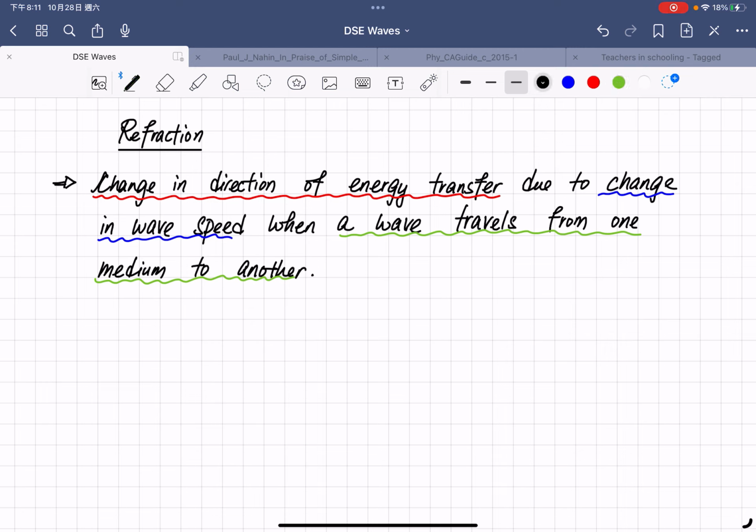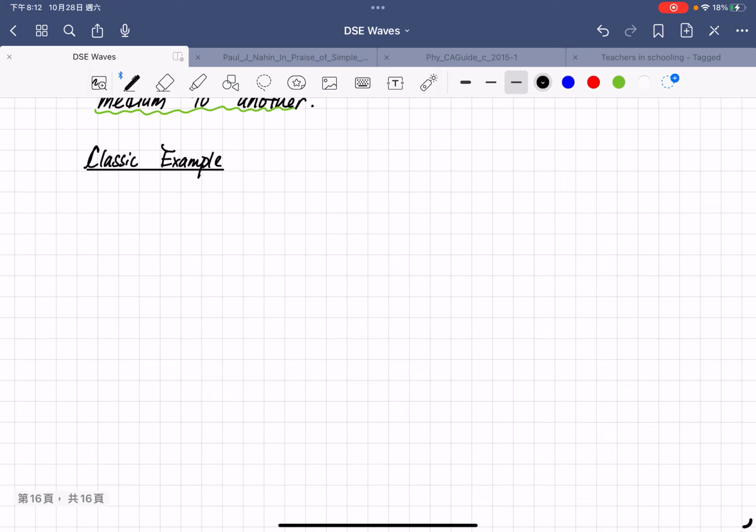So the classic example will be you just use a laser beam and send this beam of light from air into glass. For example, this is a piece of glass and this is the air, or you can say the vacuum.